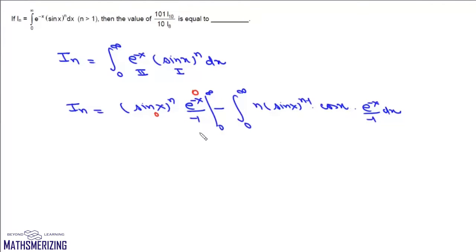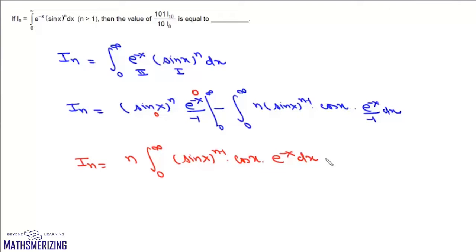So this first expression will be 0. So we can write this I_n as n, and this is from 0 to infinity sin x to the power n minus 1 into cos x into e to the power minus x dx.